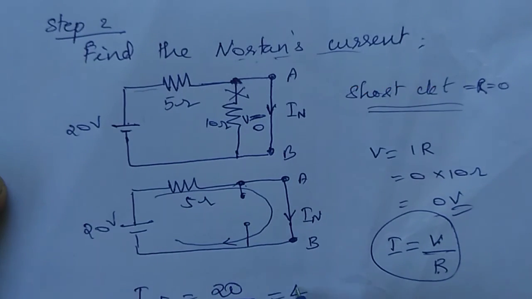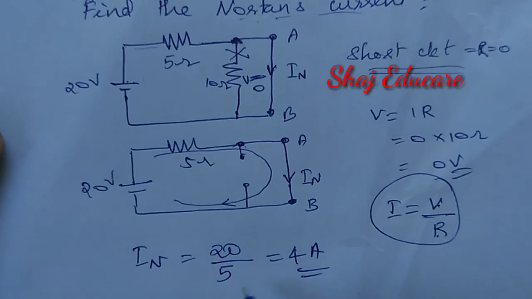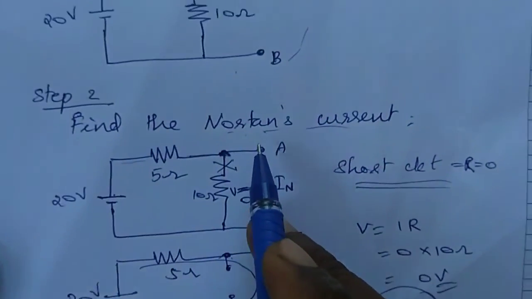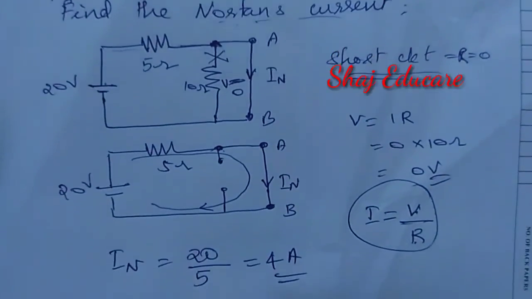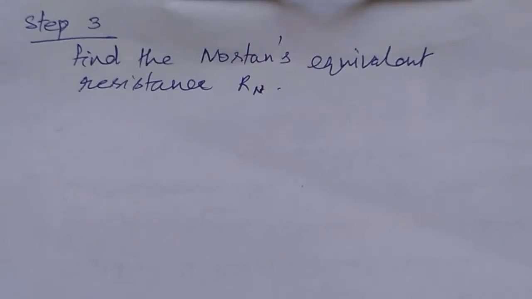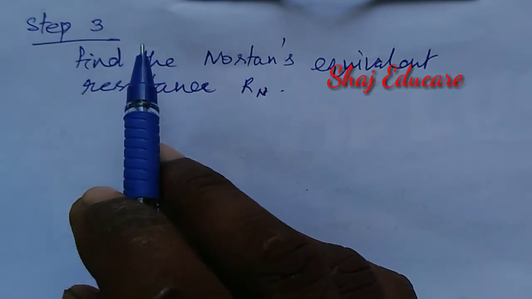So the current we are getting is 20 by 5, equal to 4 ampere. That is the Norton's current IN. Let us mark it as equation number 1. Now let us move to step 3.